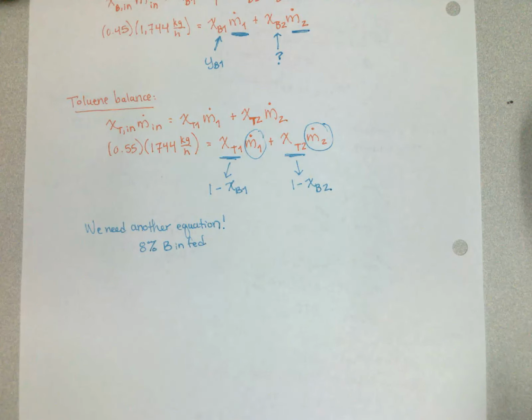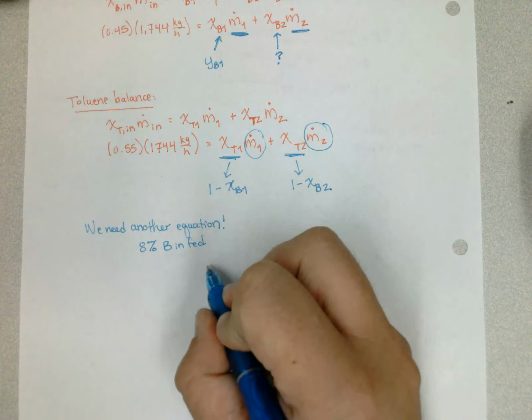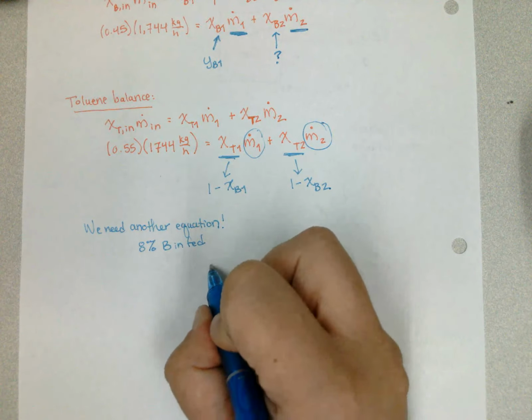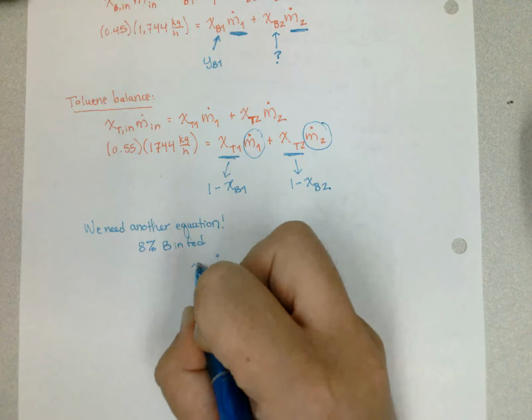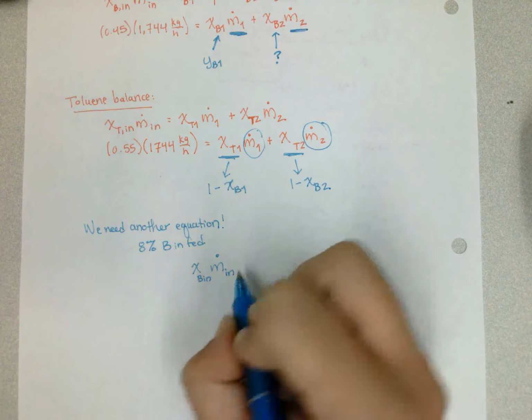Well, we know that in the feed, the total feed of the system is the M in. So the benzene in the feed is the mass fraction of benzene in the feed times the mass in, right?